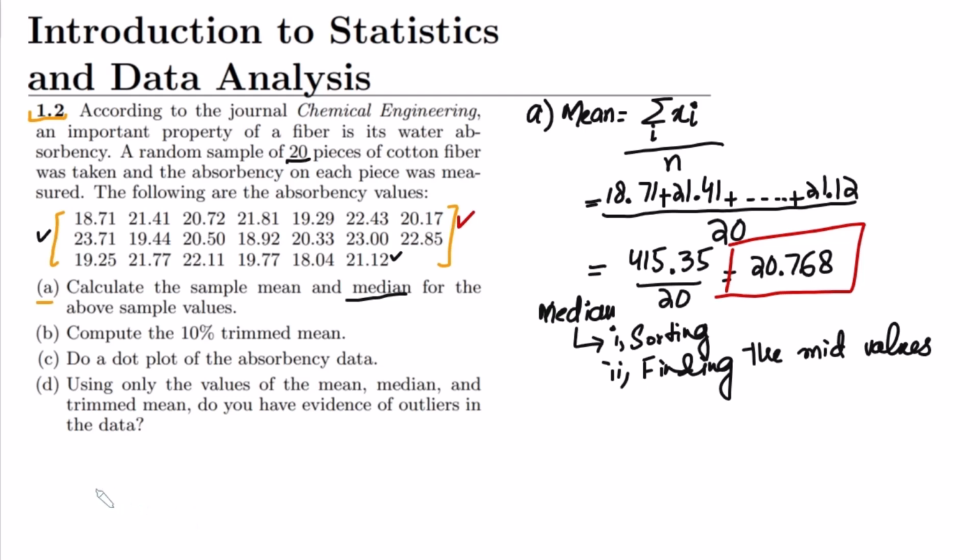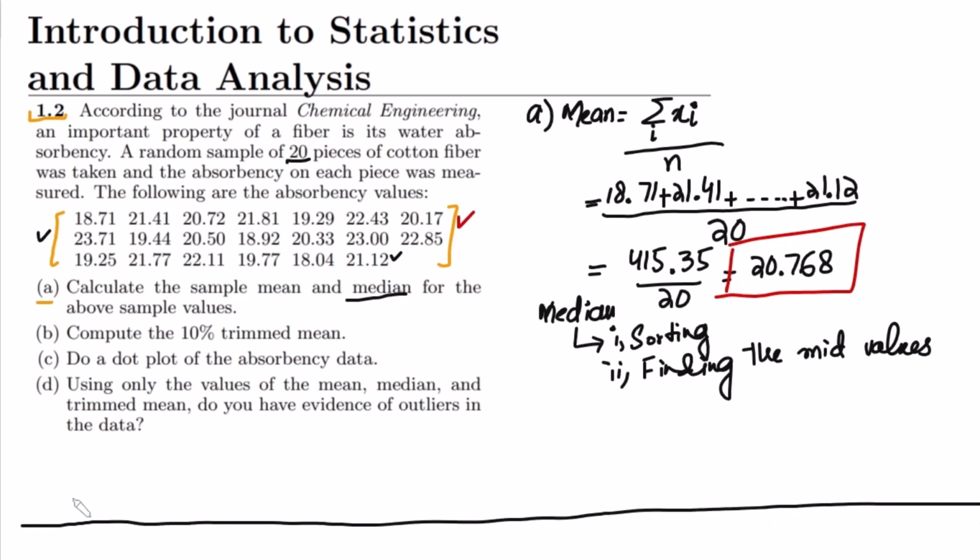Okay. So now as we have sorted this data, let me write here the sorted data. Let me draw a line here. This is the first data point. This is the last data point, which is the 20. This one is the middle one, which is 10.